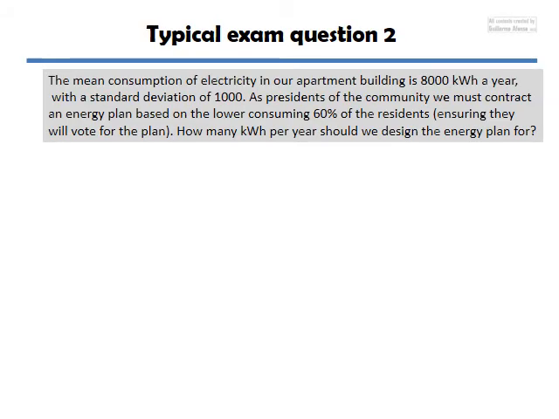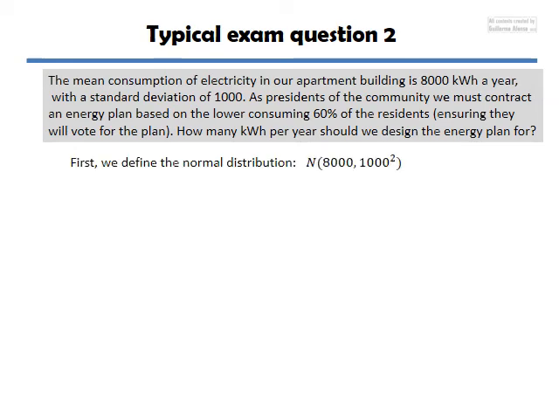So again, here's another example. This is a bit more elaborate, but I have the average consumption of an apartment in a building and the standard deviation. And I want to offer a plan that 60% of the people like, so that is designed for them. So what does the 60% of the people consume? What is the 60% that consume less? What is the most they would consume?